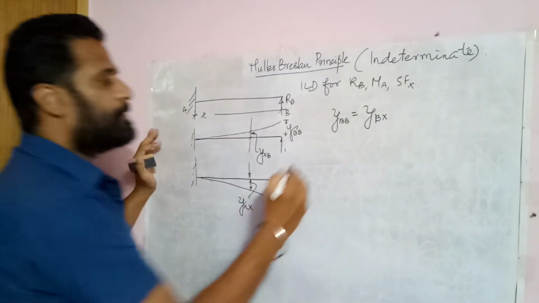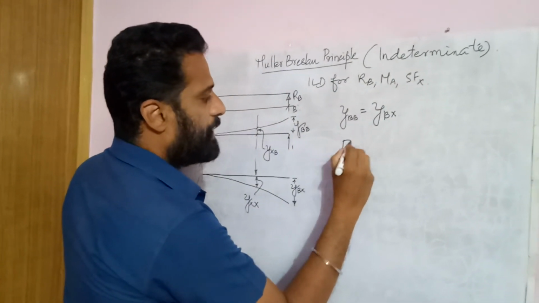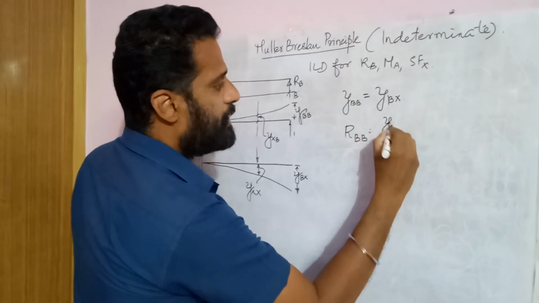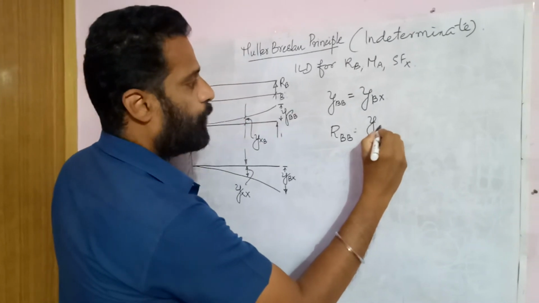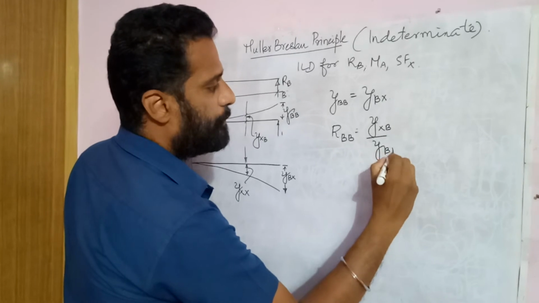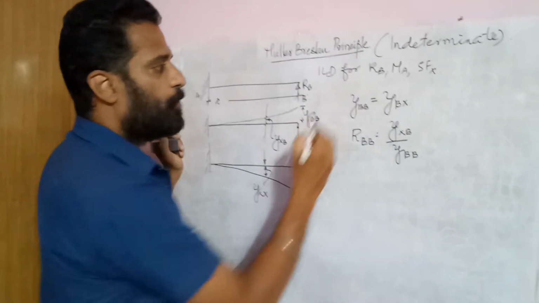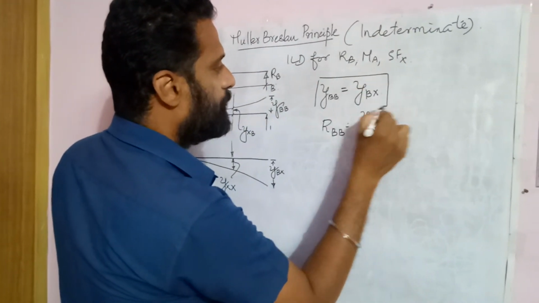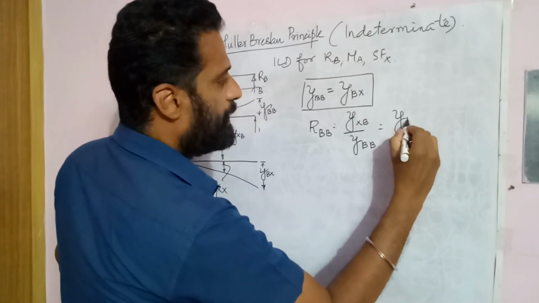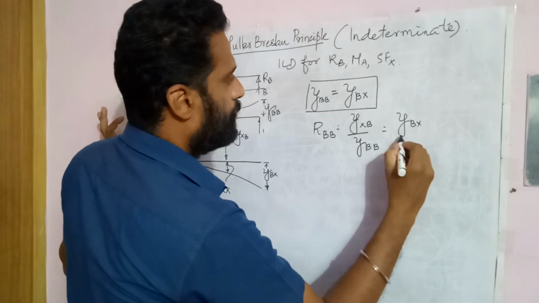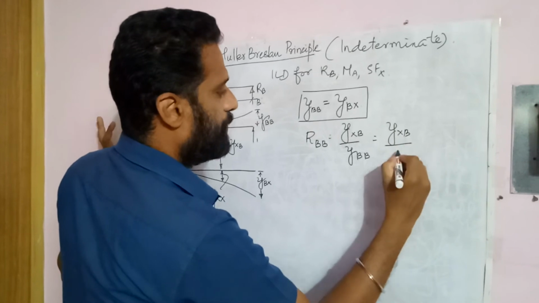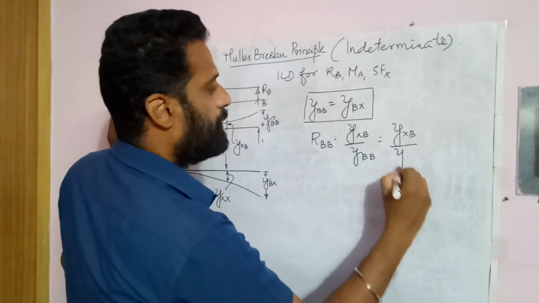And what does the Muller Breslau principle state? In case of finding the reactions, RB will be equal to YXB divided by YBB. Since YXB equals YBX, you may write this as YBX divided by YBB.